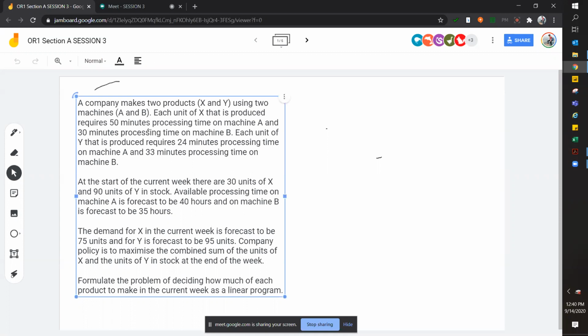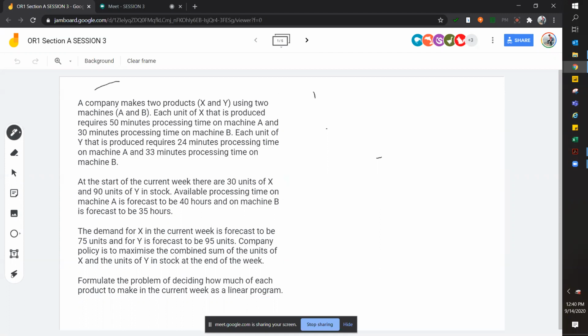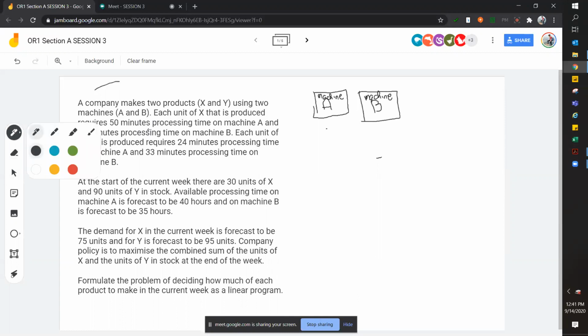So I'll draw the machines first. The two products undergo these machines. So this is A and this is B, machine A and machine B. Then a company makes two products, X and Y. So this is X, and this is product Y. Okay, clear na sa atin itong first statement.